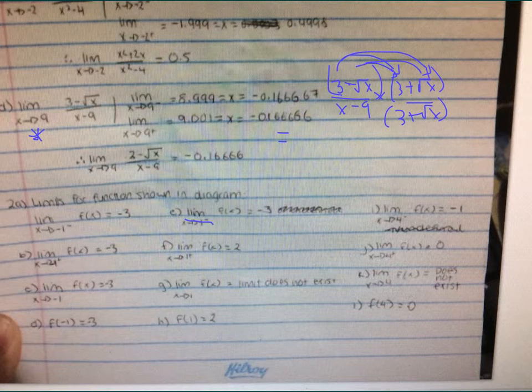When I multiply the binomial on the top by the second binomial, I end up with 9, plus 3 root x minus 3 root x, which makes 0, and then minus root x squared, which is just x. So on the bottom, I still have the x minus 9, and I multiply by 3 plus root x.